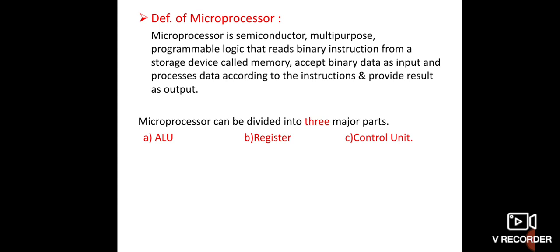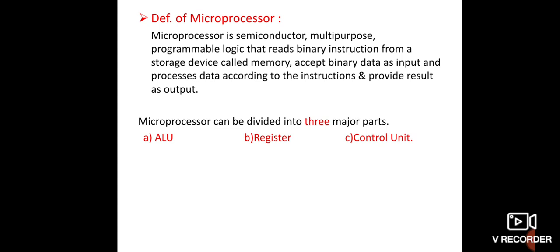So obviously microprocessor reads all your data from memory. Every data is stored where? Memory. Whatever you type or give to the computer gets converted into machine level language. Machine level language means binary language, and binary means either 0 or 1.